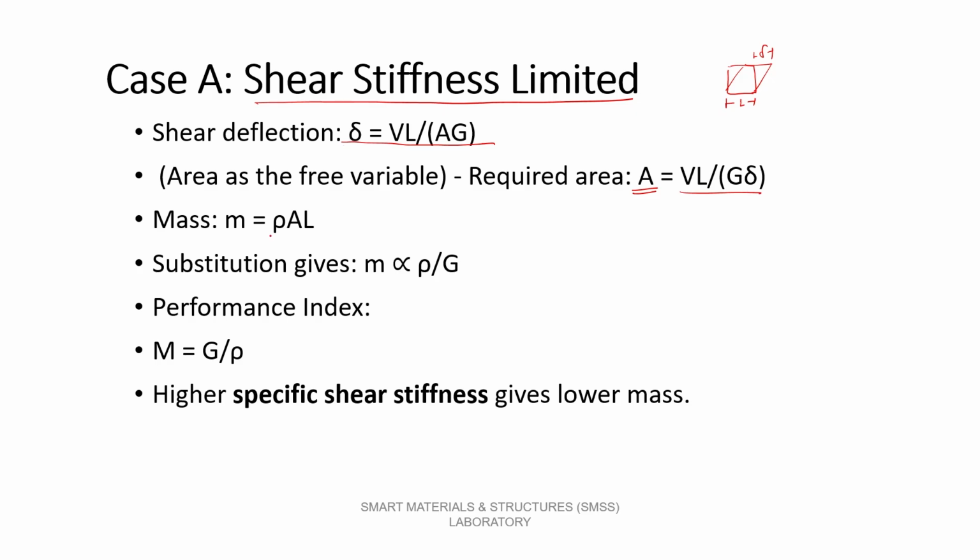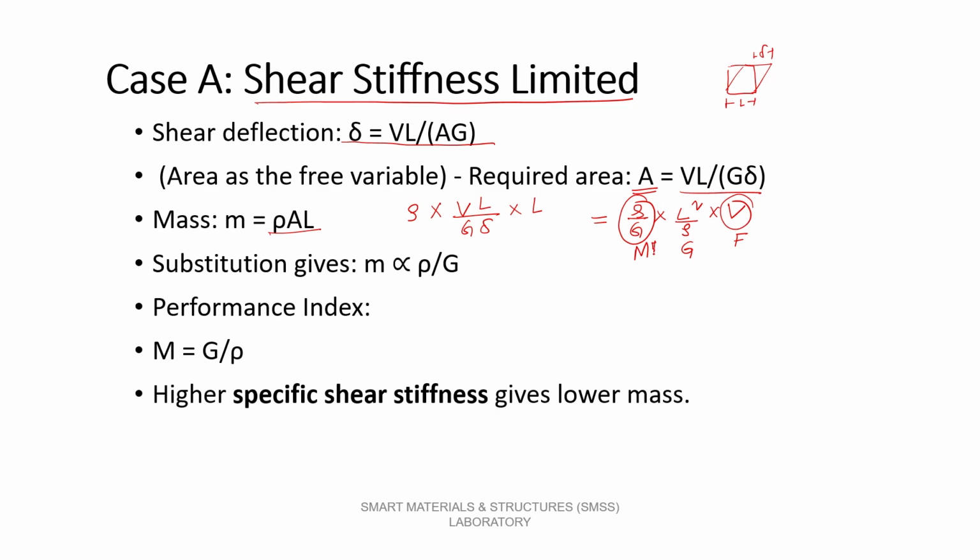Now, mass is rho AL. So, that means I can write this as rho times VL over G delta times L. That means this will become rho over G times L square over delta times V. Okay. So, this part is our functional part, this is our geometry, and this becomes our material property index.